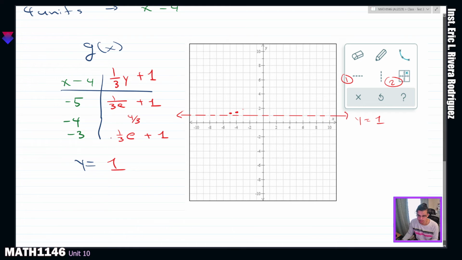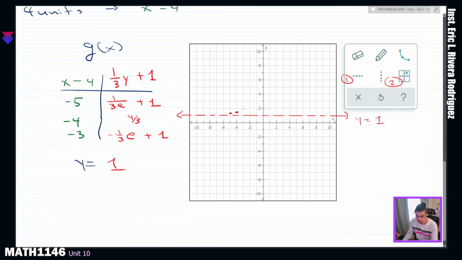That negative doesn't belong there. So now it is 1/3 times E plus 1. I made a mistake here. I added a negative. Previously, I got a negative here, but that's incorrect.